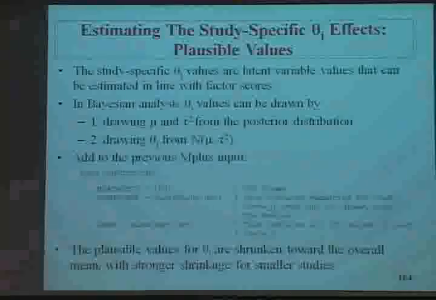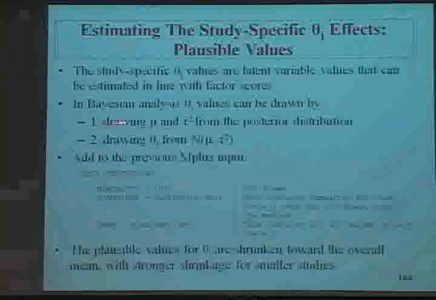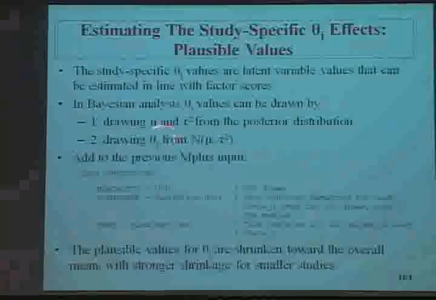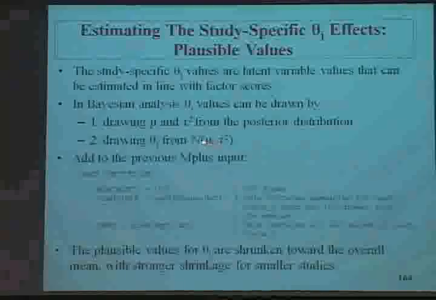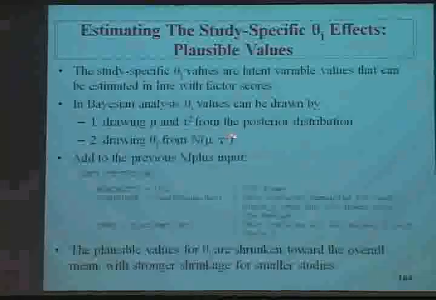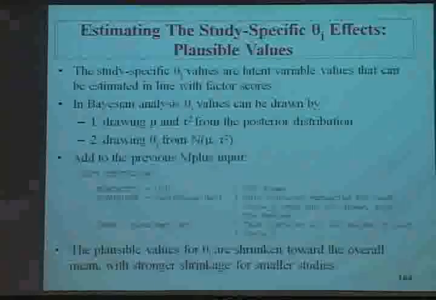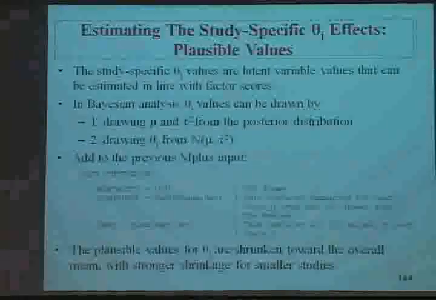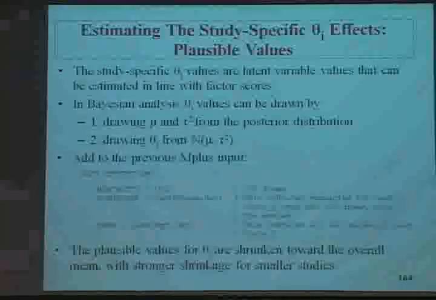Now you can take a random draw from that. And second, once you have those, you can draw theta from the theta distribution, which has mean mu and variance tau square. So first you draw the parameter values, and then you draw the data points, so to speak. That is a plausible value. And you do that many, many times.